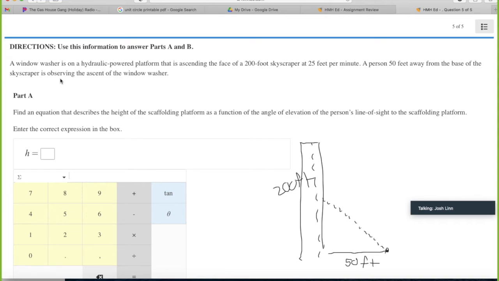Find an equation that describes the height of the scaffolding h as a function of the angle of elevation of the person's line of sight.